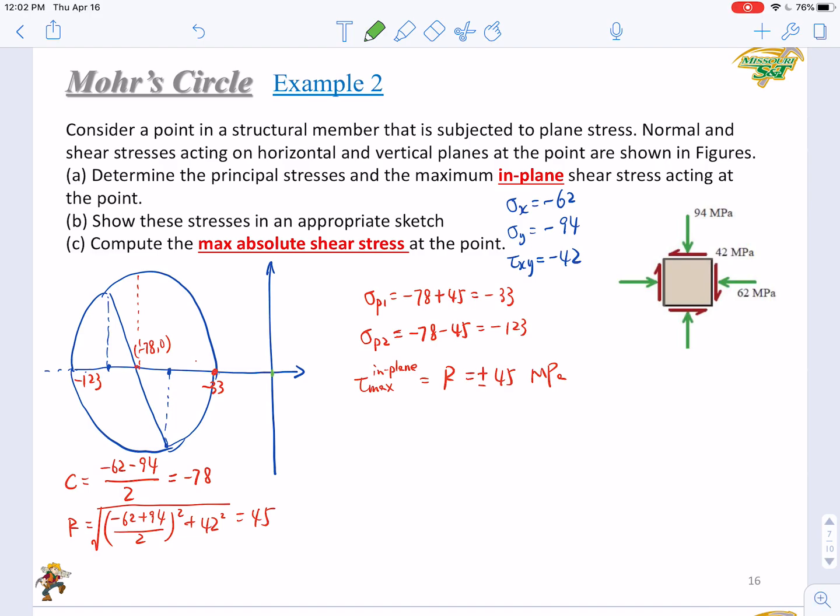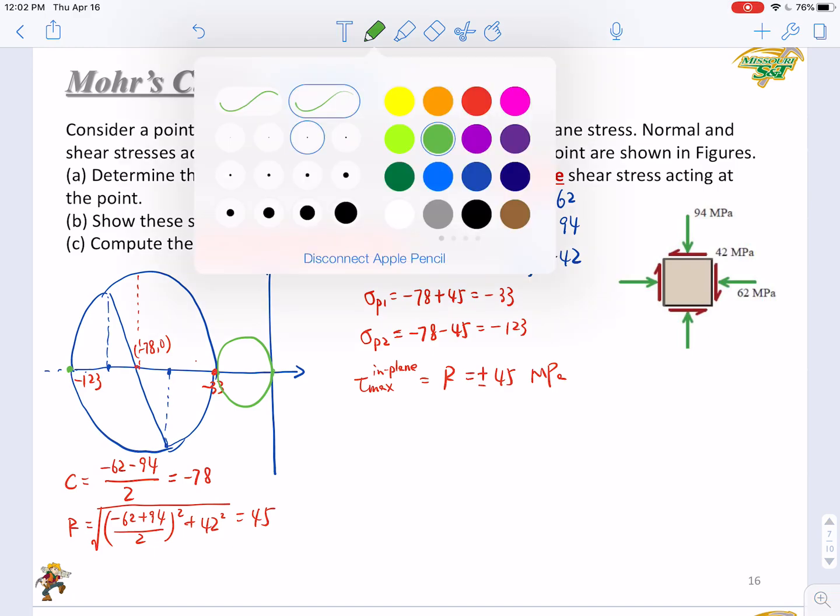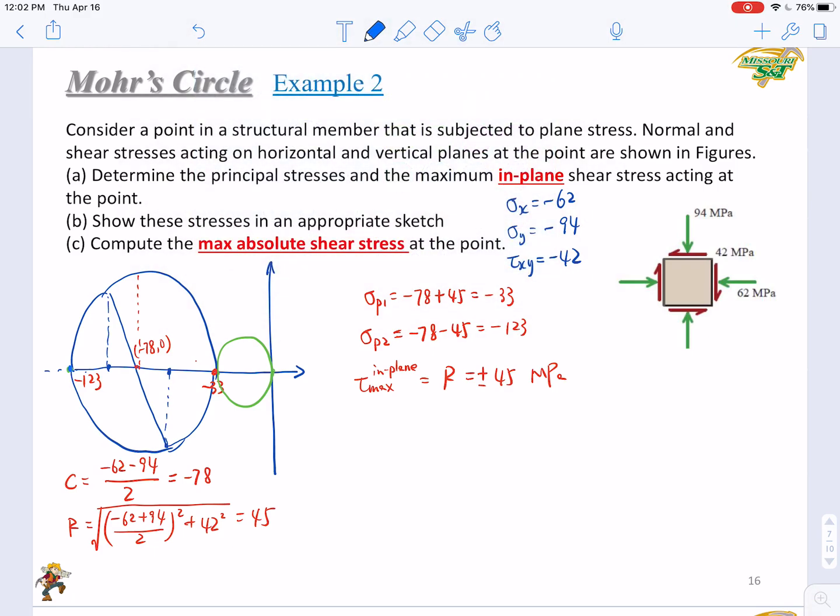These are the two principal stresses on the green plane. And the other one will connect the origin and sigma P2, right?